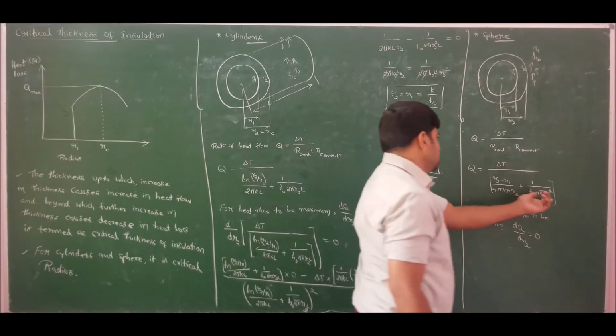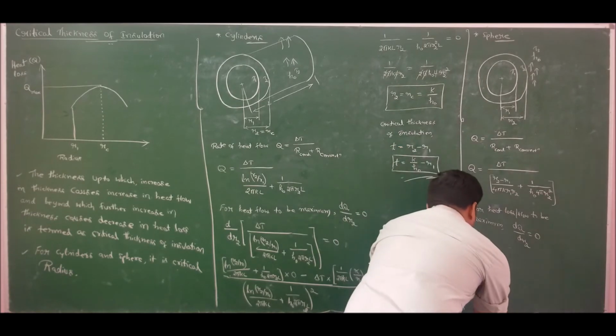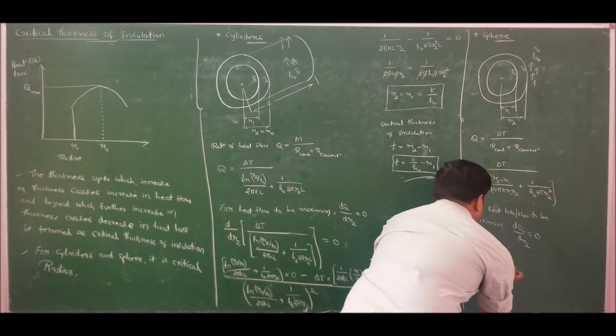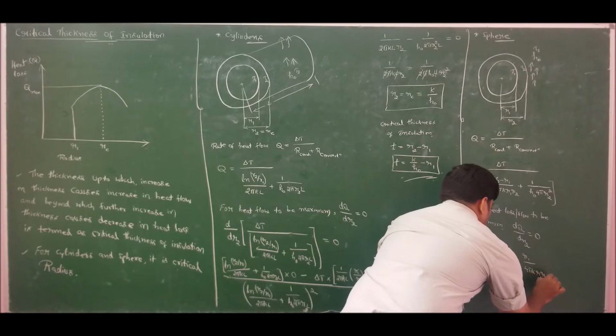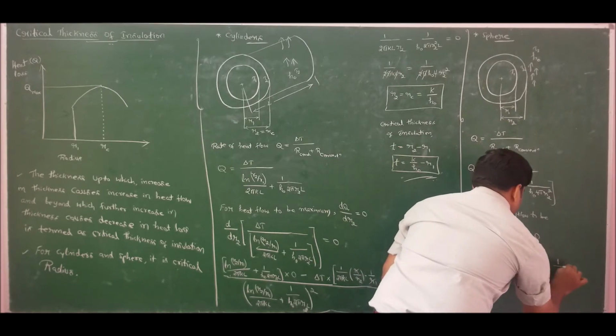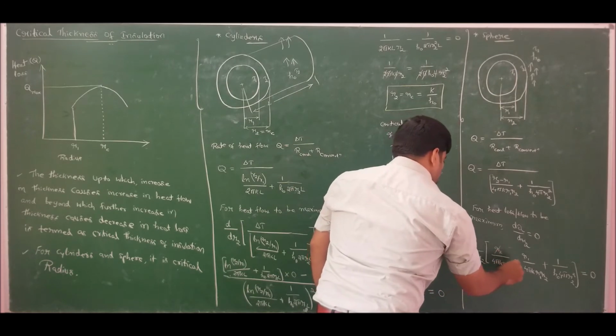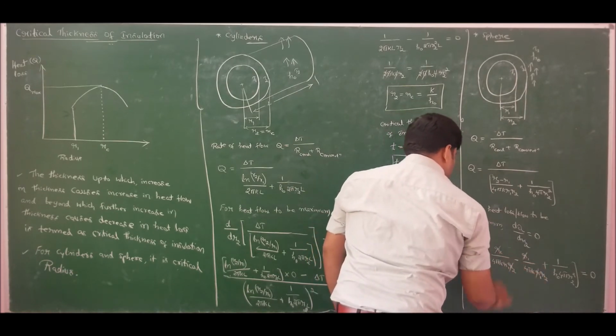So if I differentiate the denominator and equate it to 0, what I am going to get is d by dr2 of r2 by 4 pi k r1 r2 minus r1 by 4 pi k r1 r2 plus 1 by h naught 4 pi r2 square is equal to 0. Cancel off r2 and r2, r1 and r1.